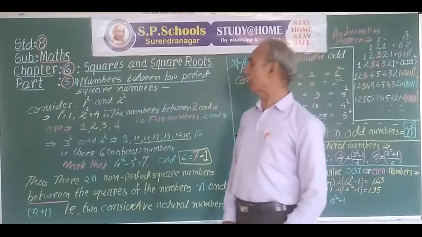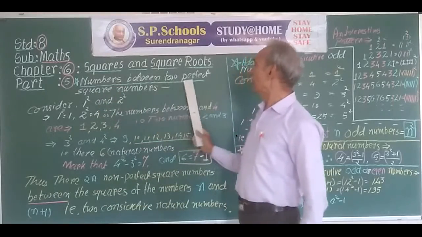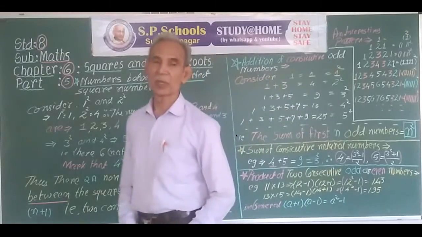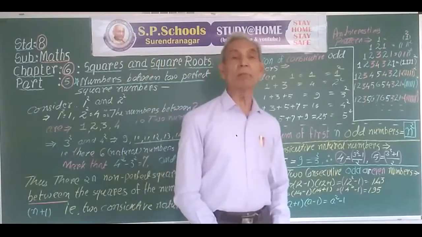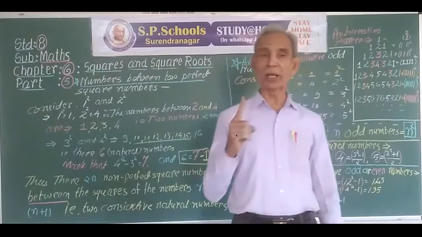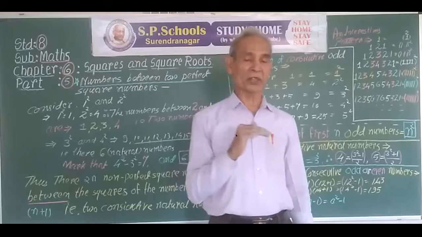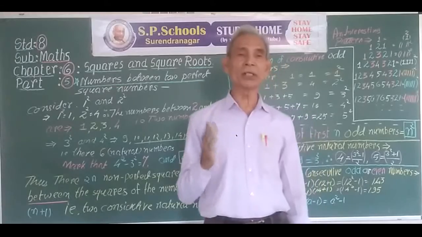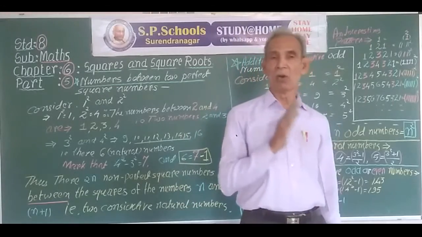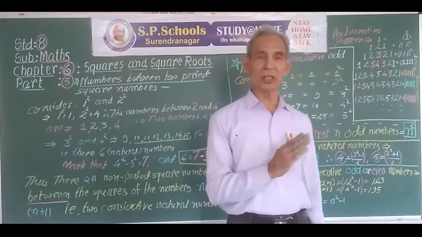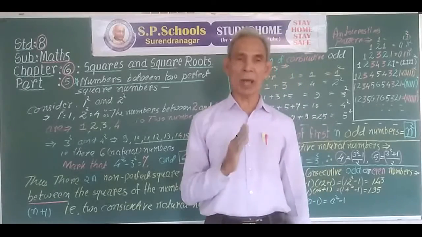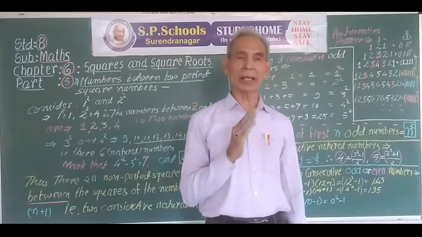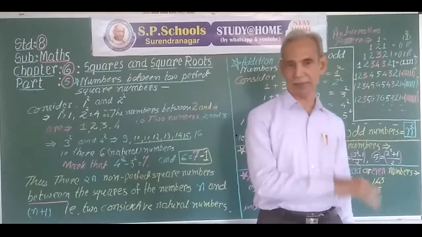In that set, if we consider consecutive odd numbers, before that, if we mark perfect squares: 1 is a perfect square, the second perfect square is 4, the third is 9, the fourth perfect square is 16, the fifth is 25, the sixth is 36, like that.